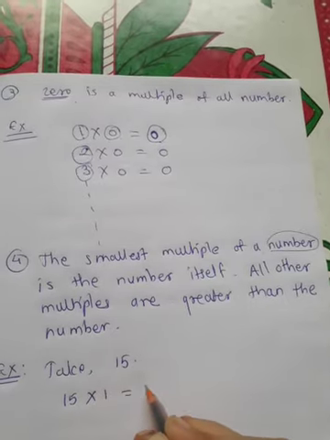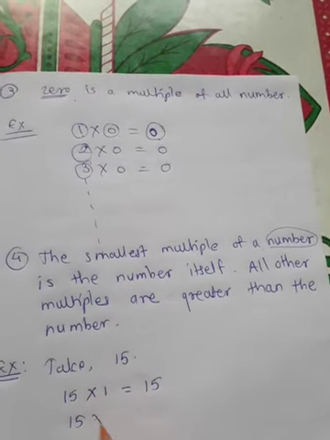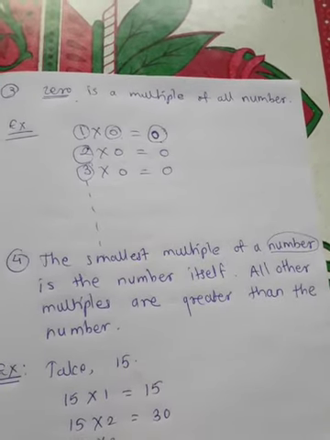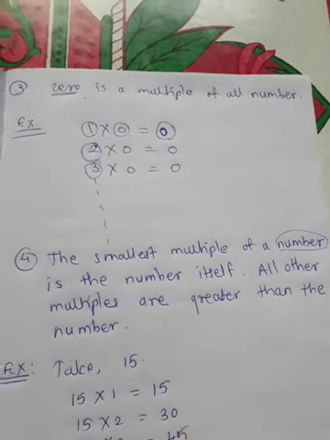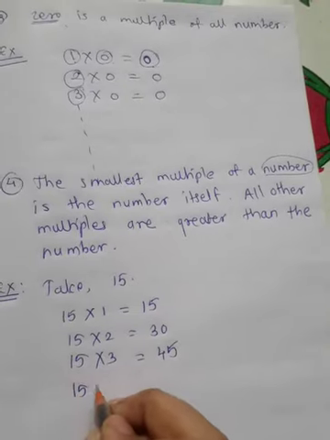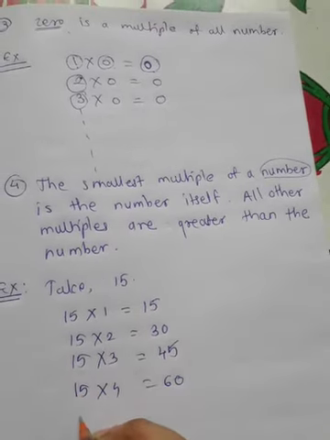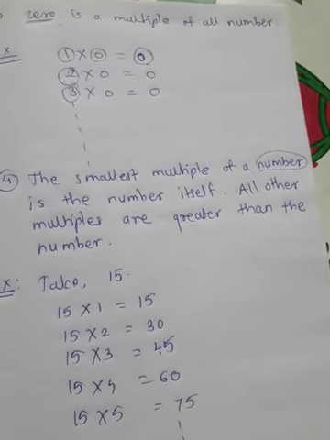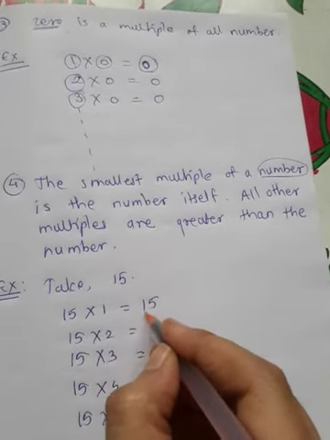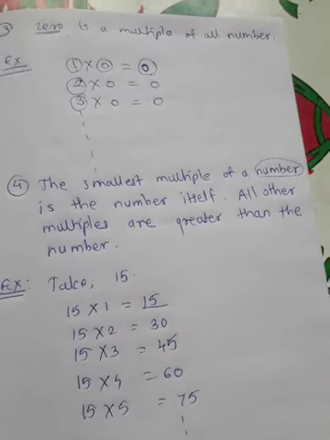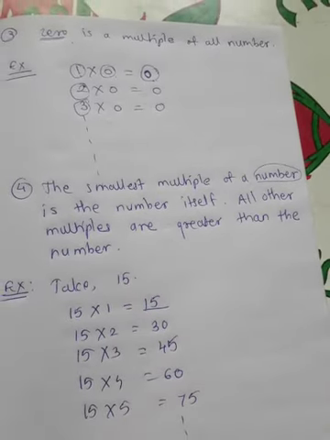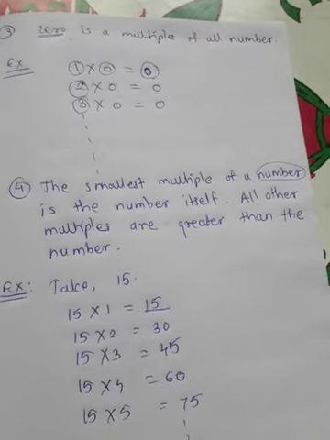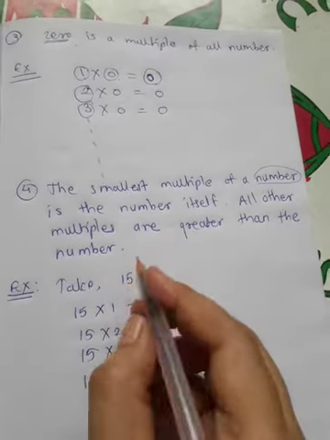The first multiple of 15 is 15, the second is 30, the third is 45, the fourth is 60, the fifth is 75 and so on. So the first multiple of 15 is 15, then 30, 45, 60 and so on are multiples of 15.